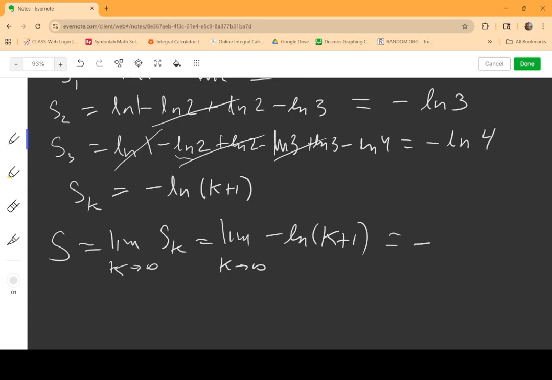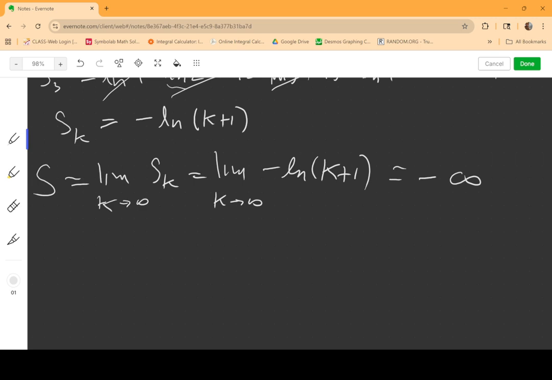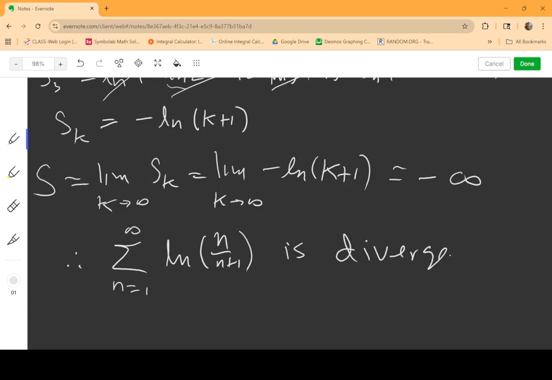We have a negative in front of it, so it goes to negative infinity. So here it is not a finite value. It does not converge to any real number. Therefore we can conclude that the series ln of n over n plus 1 is divergent, since it does not go to a finite value.